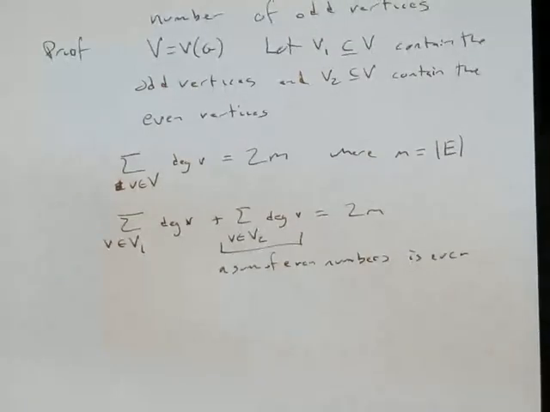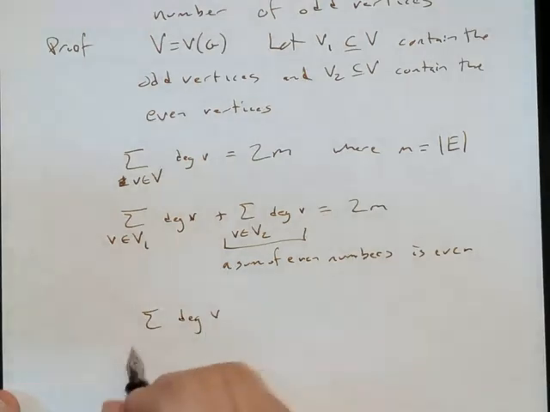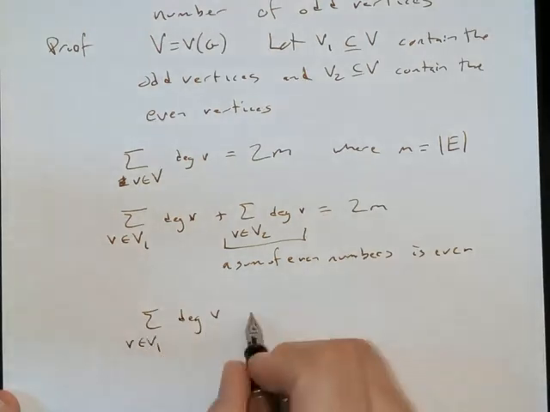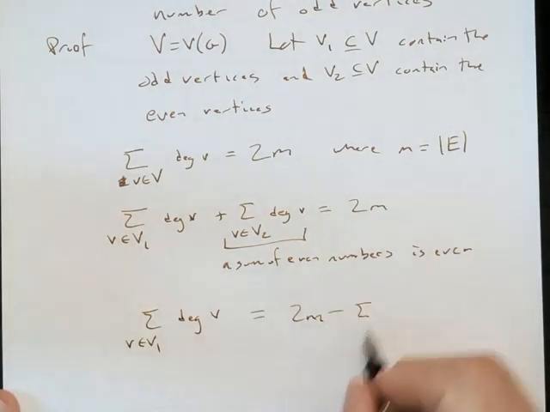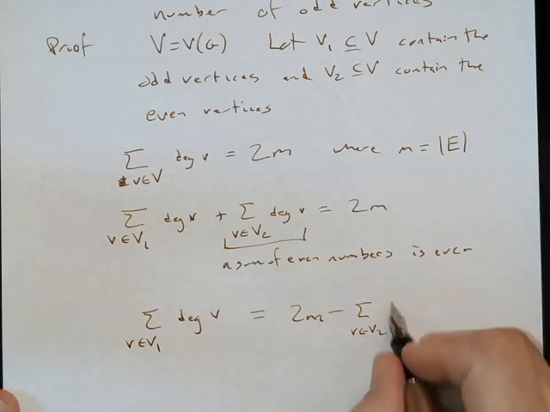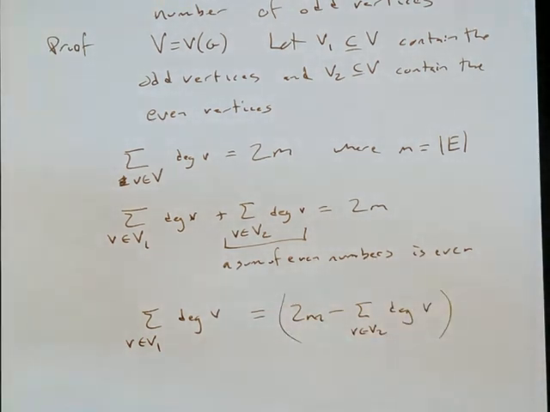If I subtract that to the other side, then that would tell me what about this number? Right, because this thing over here on the right is now even. It's an even number minus another even number. That thing on the right is even.